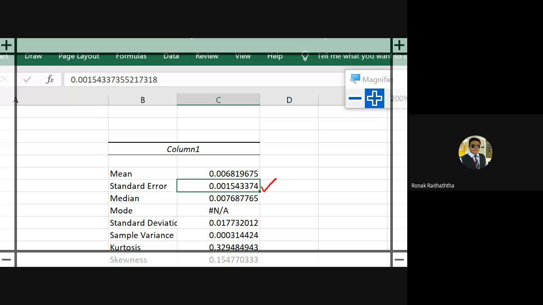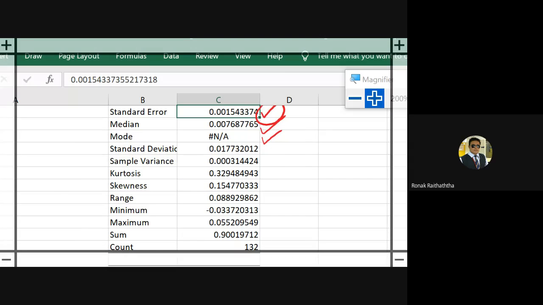There is some calculation behind it, not going into that as of now, but just giving you a simple interpretation: if we try to extrapolate our analysis about the mean to the entire population of the data, then it may vary by this many percentages. That is called the standard error. Then you have the median, the mode, the standard deviation, sample variance. Now here you have kurtosis and skewness.